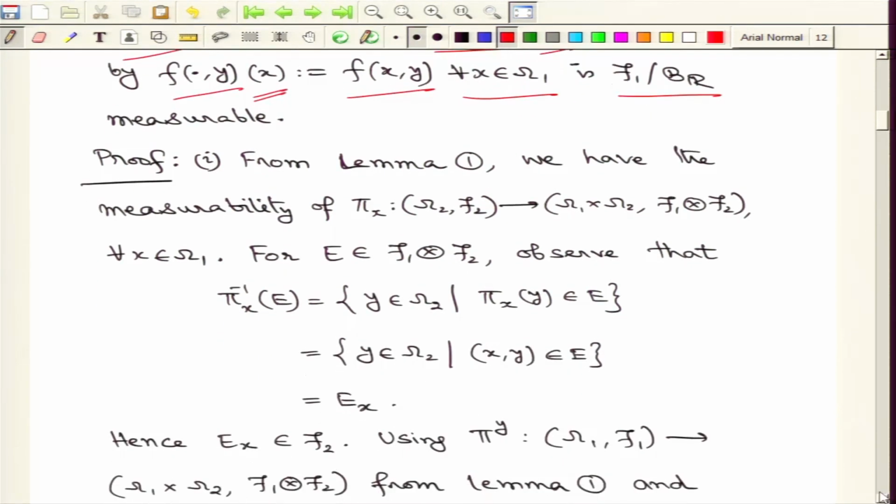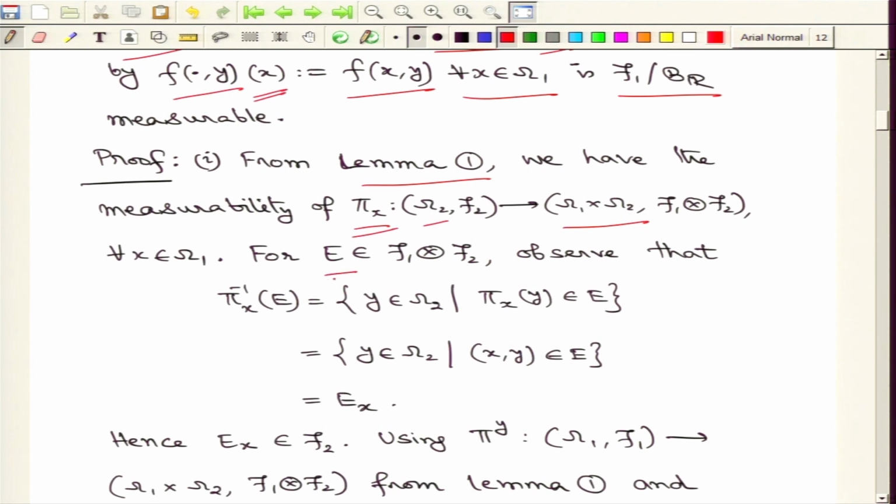Now recall that in lemma 1 we have already proved the measurability of this function pi subscript x, which takes points from omega 2 to omega 1 cross omega 2 by moving any point small y to (x, y).